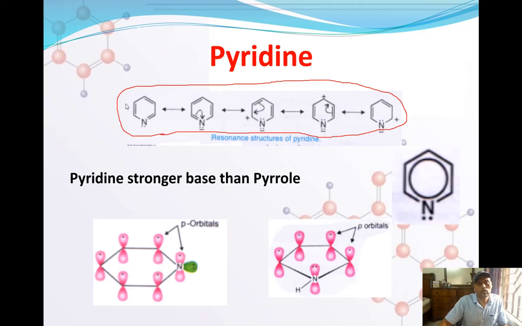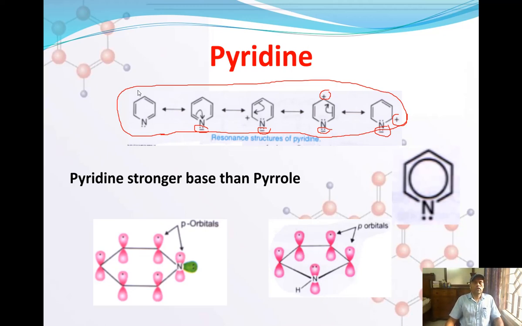Because the pi electrons are delocalized, you just have to move the electron from one atom to another atom, and you can see the different charges on carbon and nitrogen. So these are the resonance forms, right?